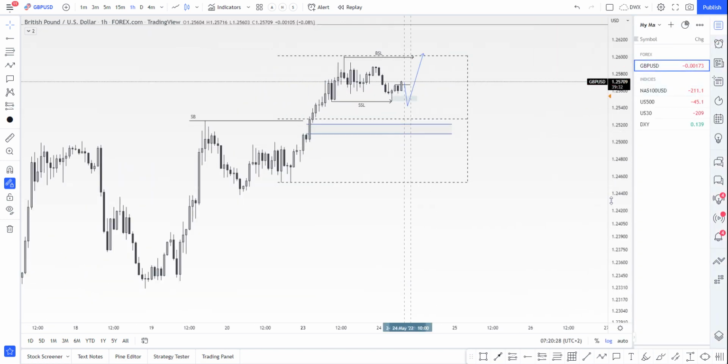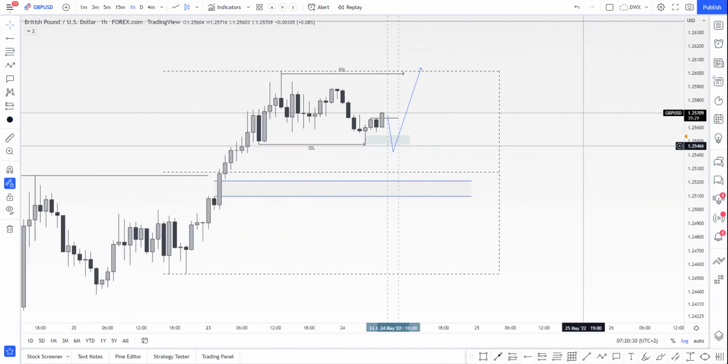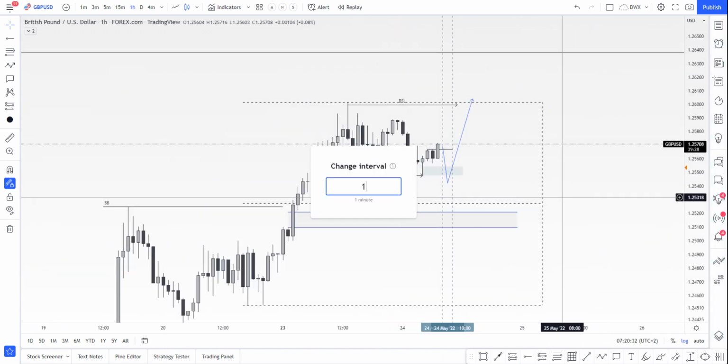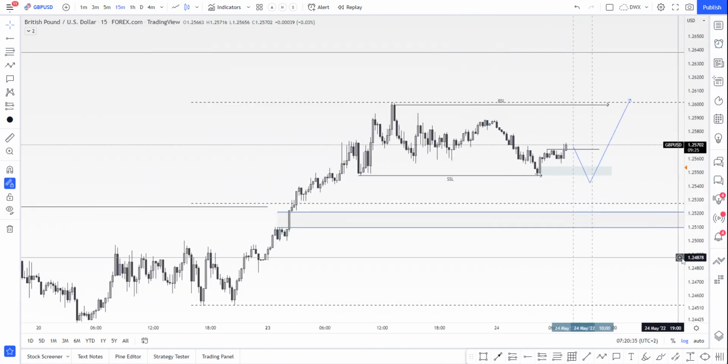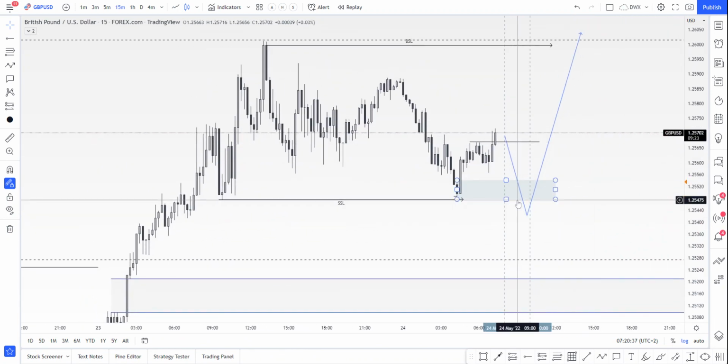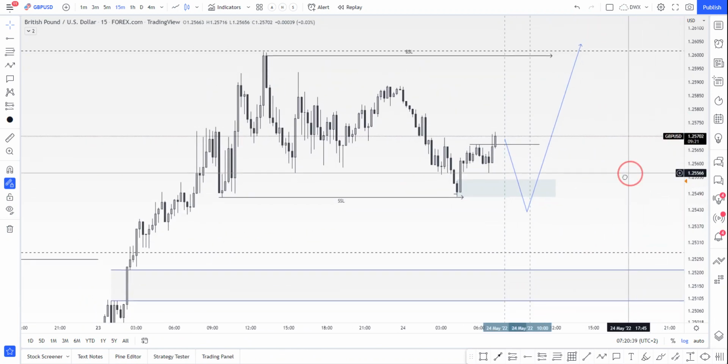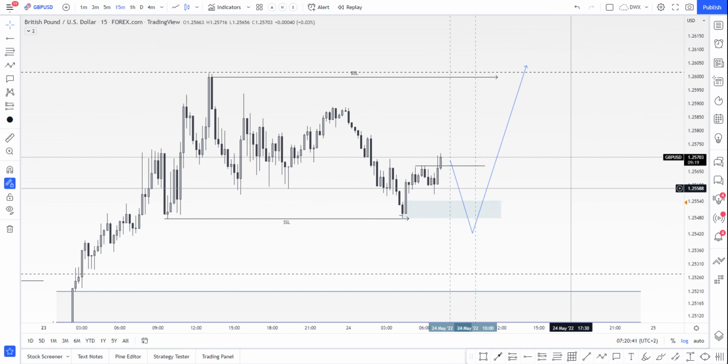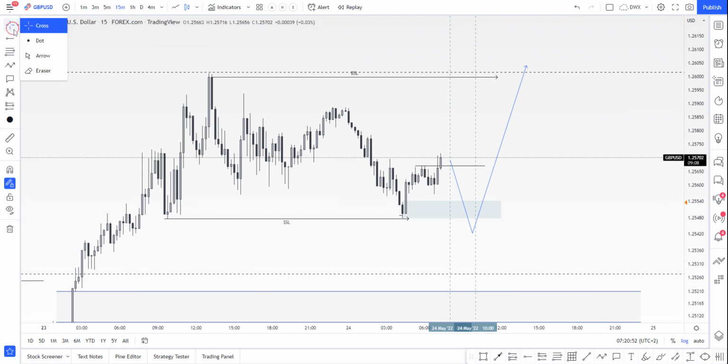Let's see how it plays out, what will happen. Do we get a continuation? Do we get a trade down lower in session opening? I don't know. But that's the nice thing: you don't need to know. You just need to react when you see price hit a level or a logical area to take a trade off of, and then just wait for confirmation. So there's no need to predict.